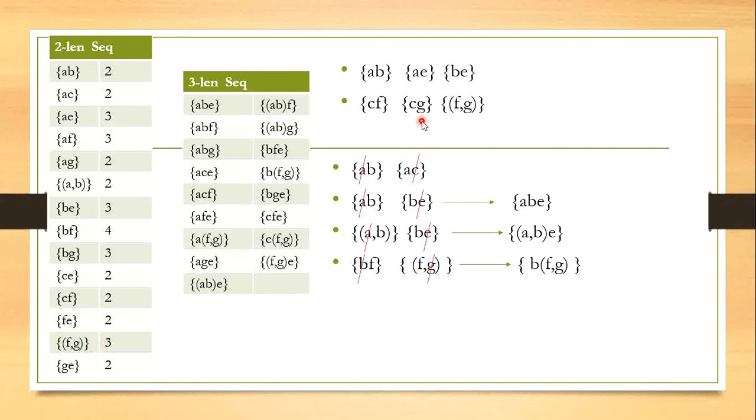When CG is not frequent, at least one subset is not frequent, then this is not a frequent sequence and this cannot be used as a candidate sequence. So we can eliminate this sequence directly without even checking the support. Only this sequence has an infrequent subset, but all the others are frequent.